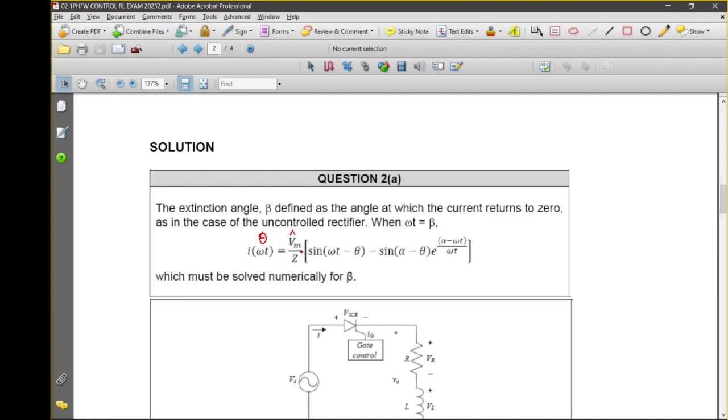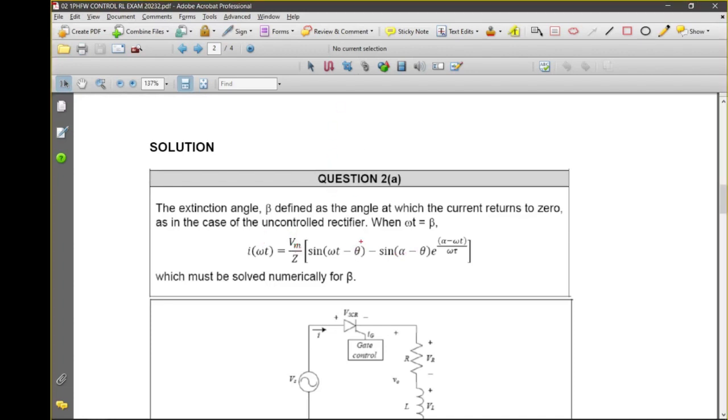If I make the solution, we put Vs peak, which is the amplitude of the supply voltage, divided by Z, where Z is the load impedance, and then sine of omega t. I think this is phi, not theta here. Phi is the load angle, inverse tangent of omega L over R, isn't it? And then we have sine of alpha minus phi again.